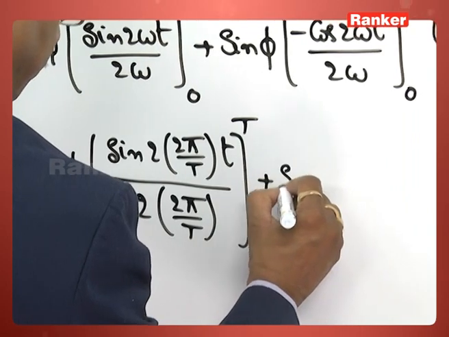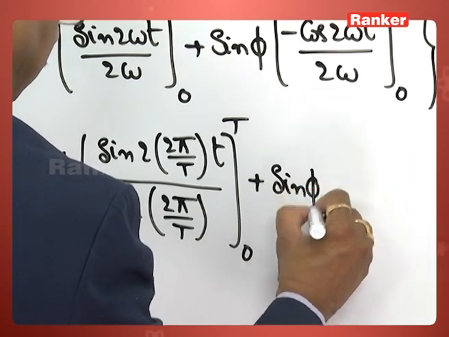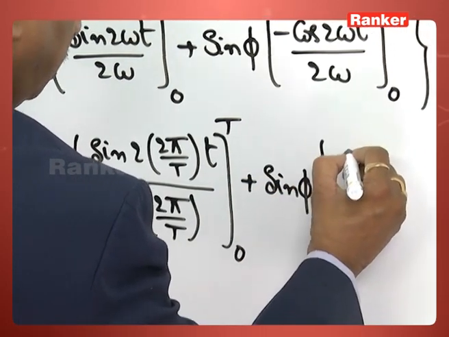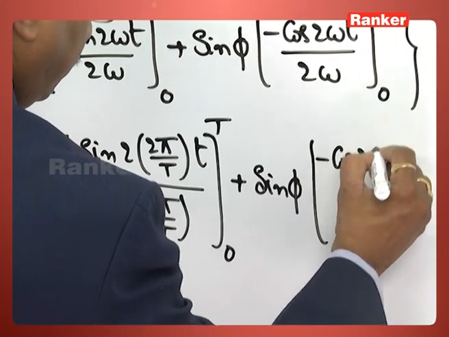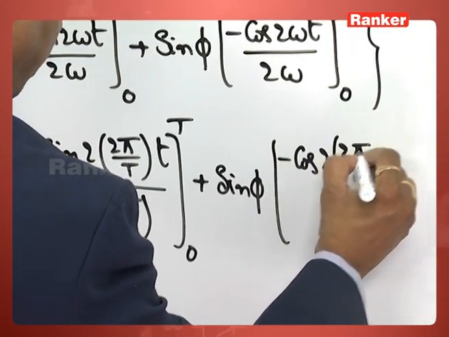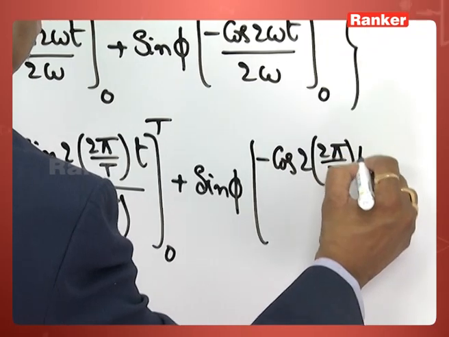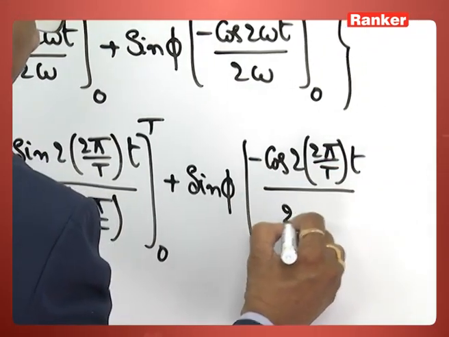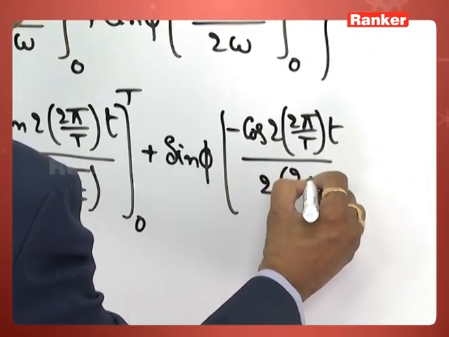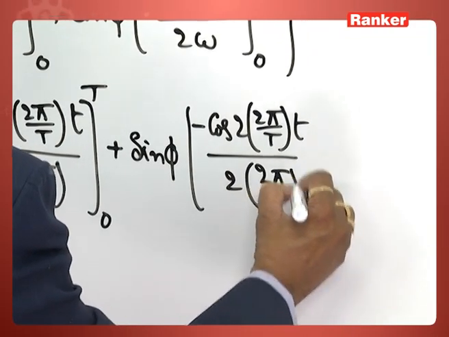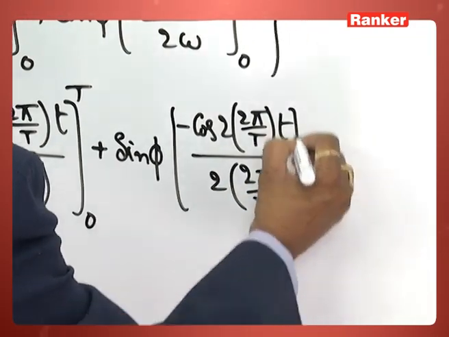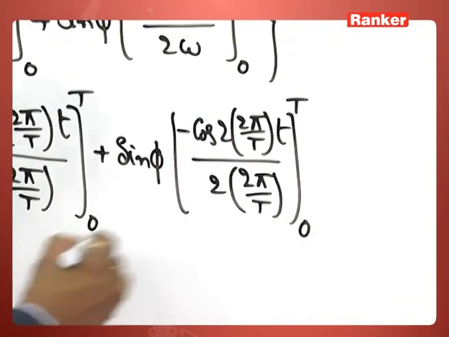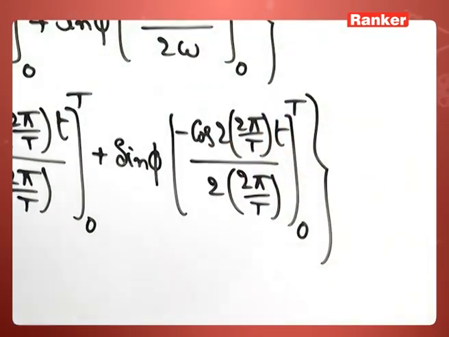plus sin phi into minus cos 2 into 2 pi by capital T into small t by 2 into 2 pi by capital T between the limits 0 and t.